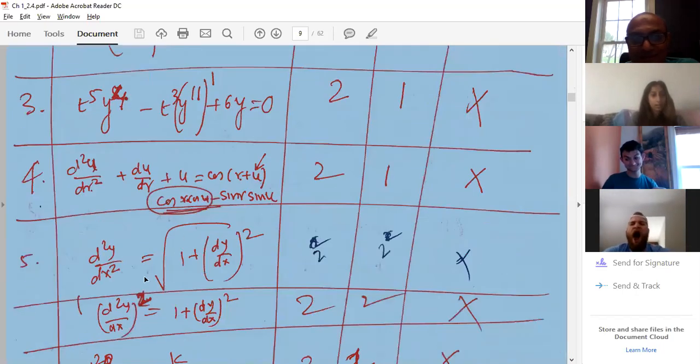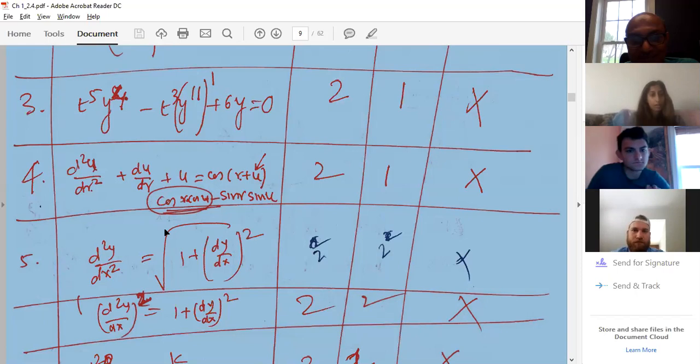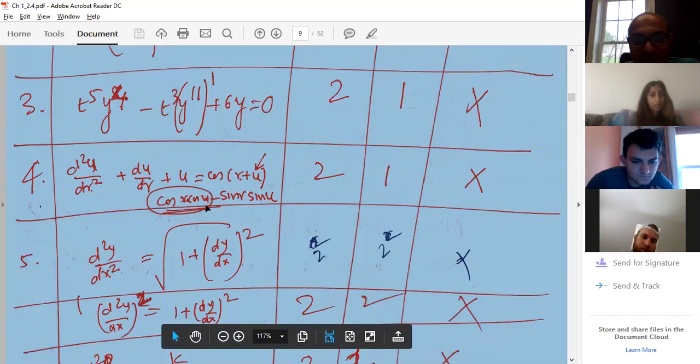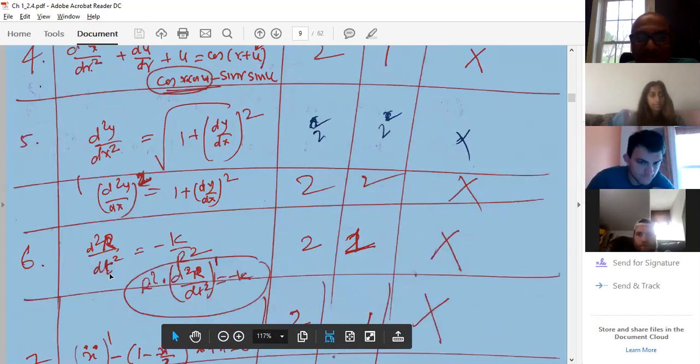Yes, because you cannot just blindly remove the radical, you have to square both sides. So now it is out of the radical, order is 2, degree is 2, and it is not linear because of this 2. Agree? Good. Next one: d squared r by dt squared equals negative k over r squared.